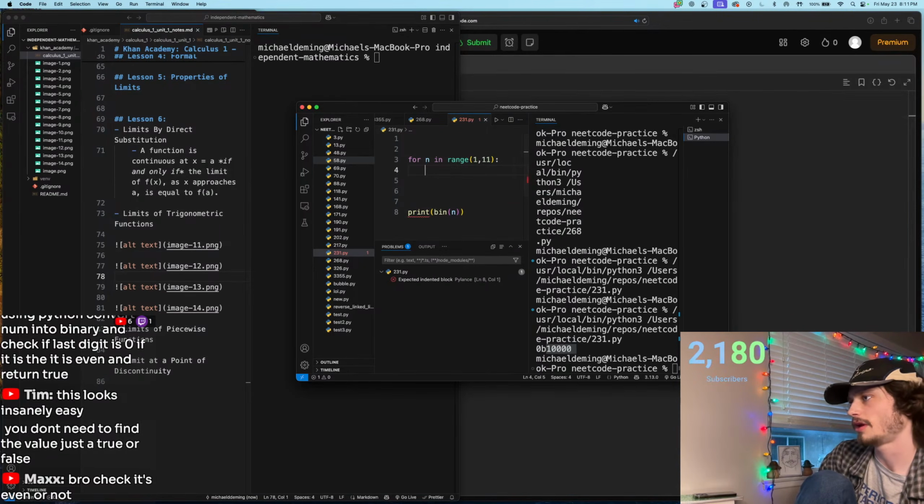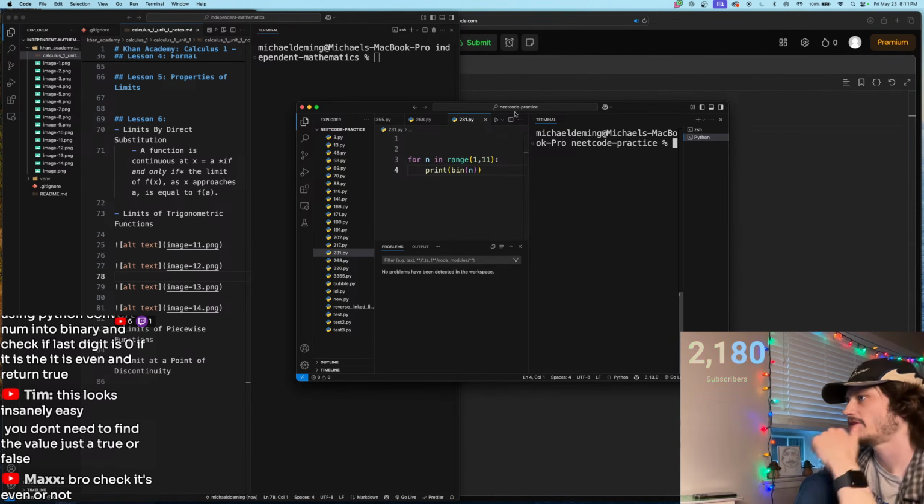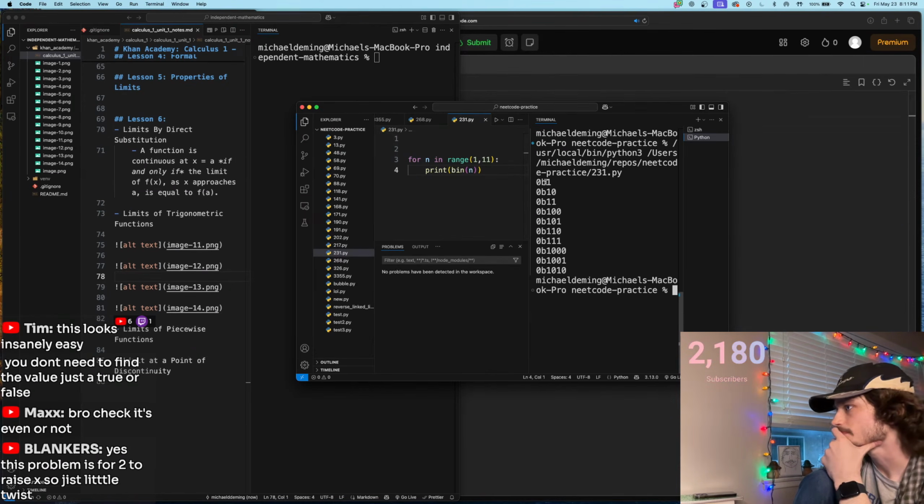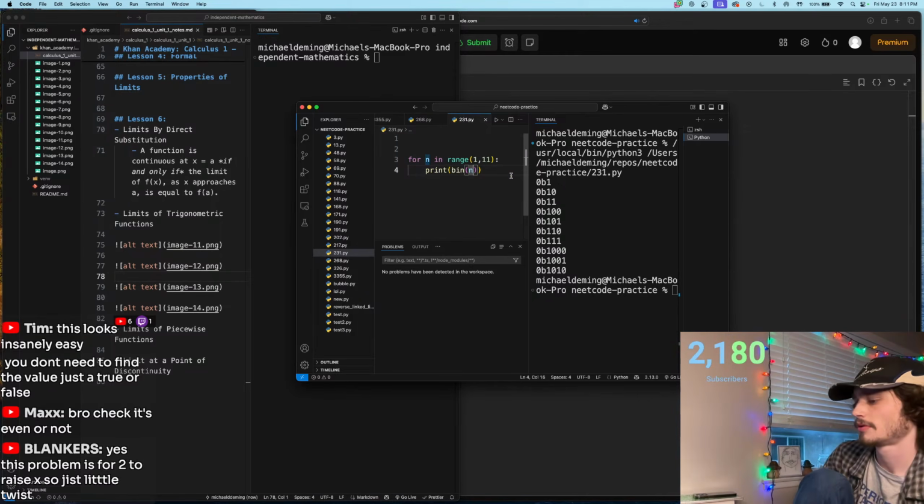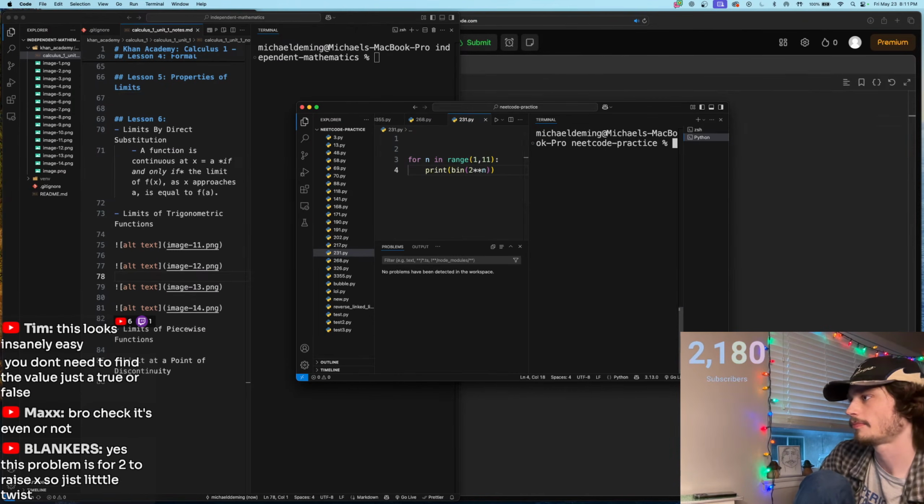Let's go ahead and print out bin of n. So let's see if we can find a commonality here. Oh no, hold on. We want to say 2 to the power of n, right?